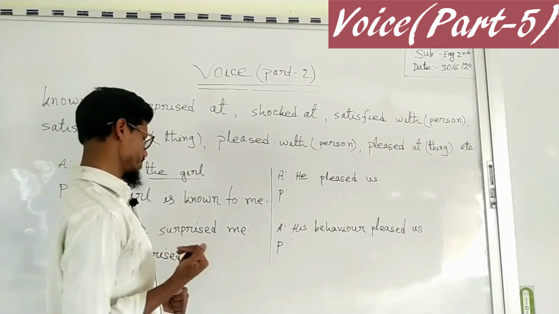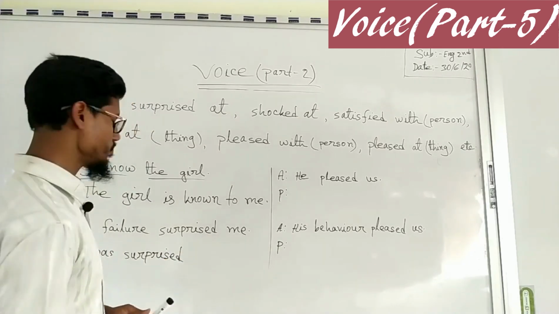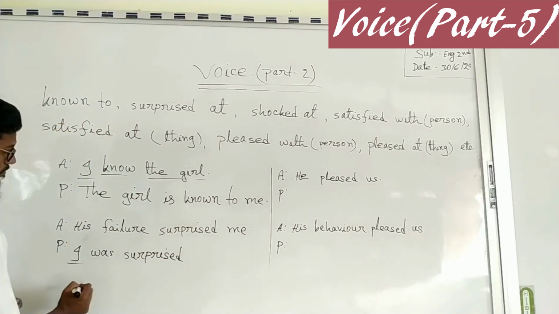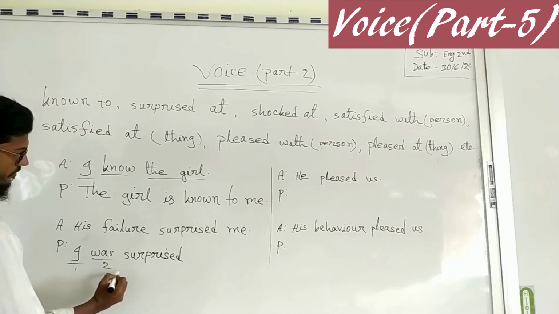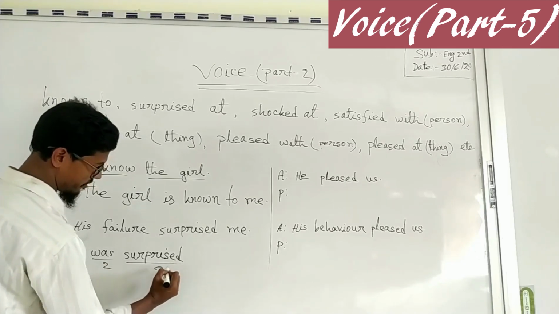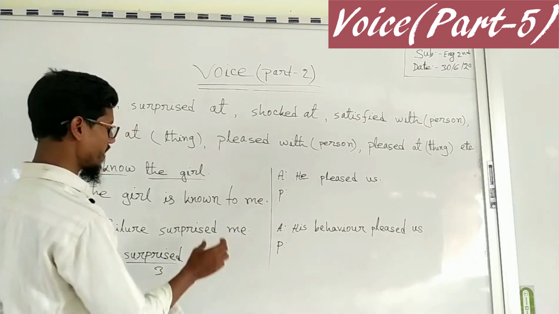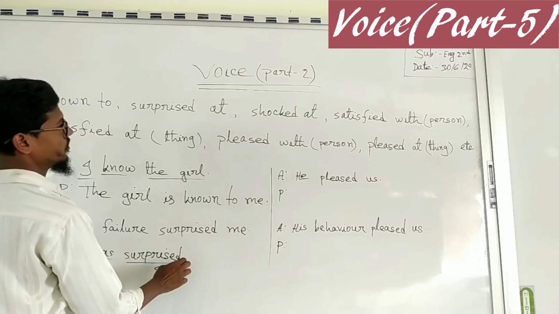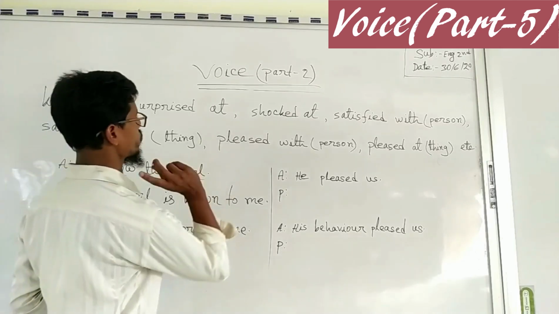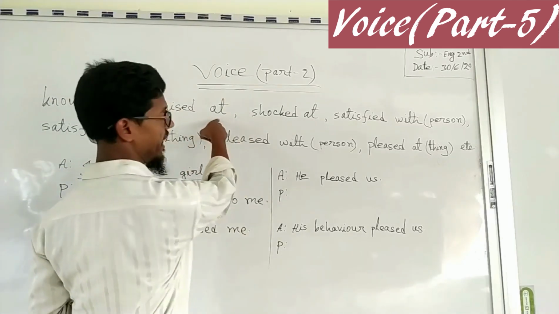Next, the fourth step. First step has been done. Second step has been done. Third step has been done. Fourth step, that means I have to take a preposition. With surprised I have to use surprised at.